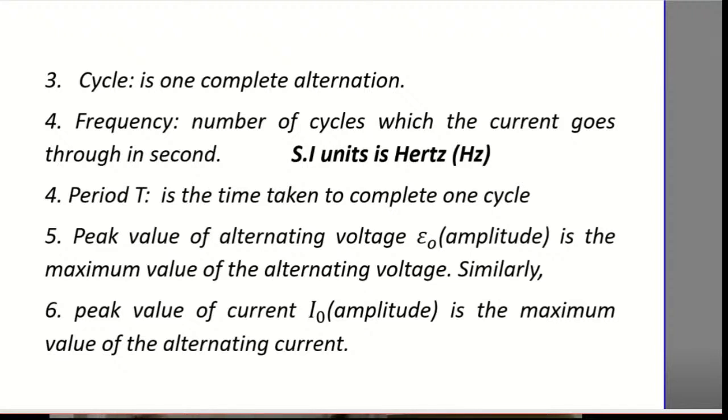When we find frequency in terms of alternating current, we say it is the number of cycles which the current undergoes in 1 second. But when we are defining frequency of a wave, we say frequency is the number of cycles the wave undergoes in 1 second. The fact that we are dealing with current here, it is the number of cycles the alternating current undergoes in 1 second. The SI unit is hertz.